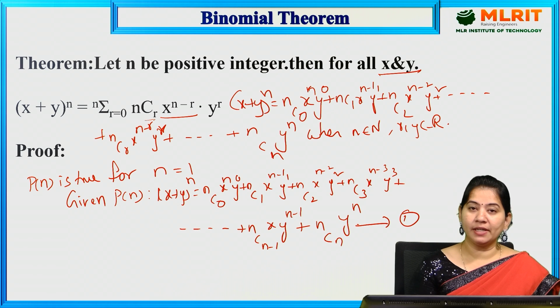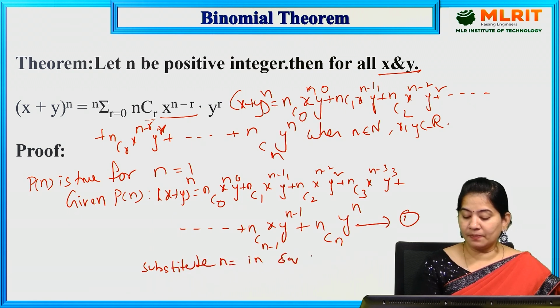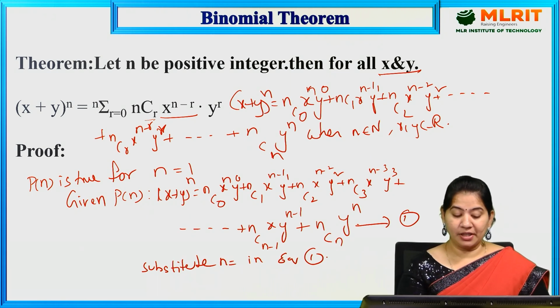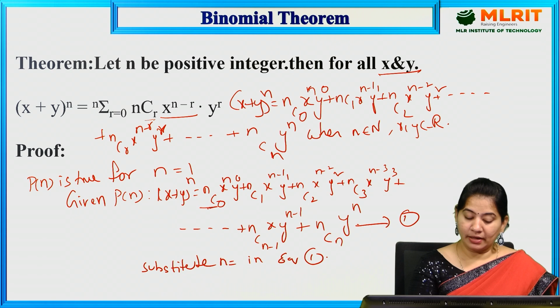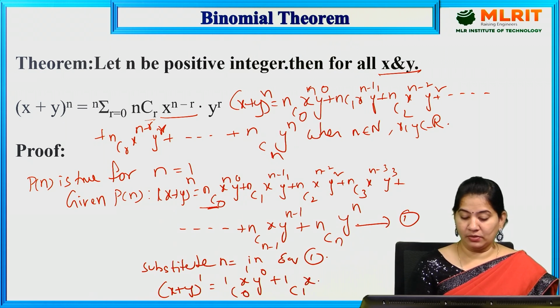Now substitute n is equal to 1 in equation 1. Then x plus y whole power 1 is equal to 1c0 x power 1 y power 0 plus 1c1 x power 1 minus 1, which is x power 0, and y power 1.